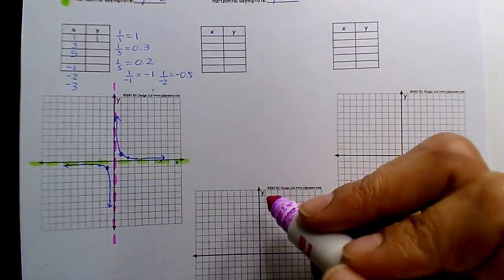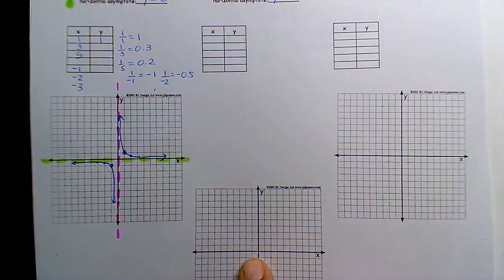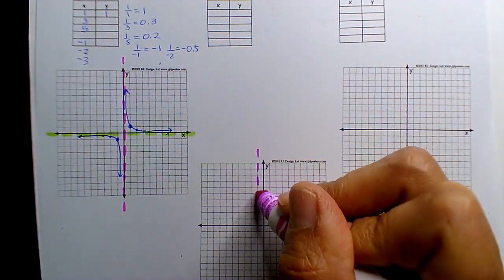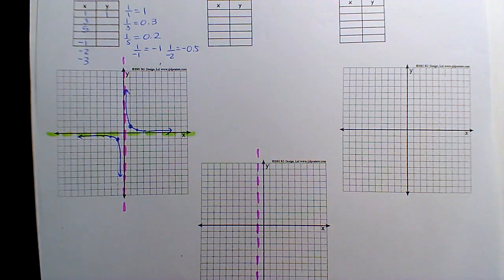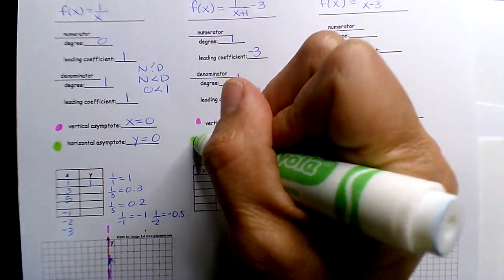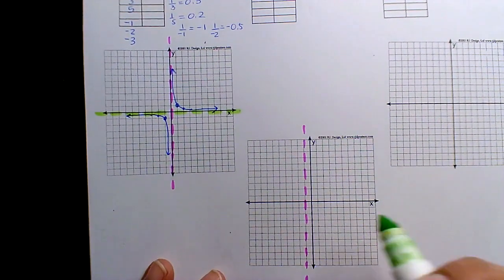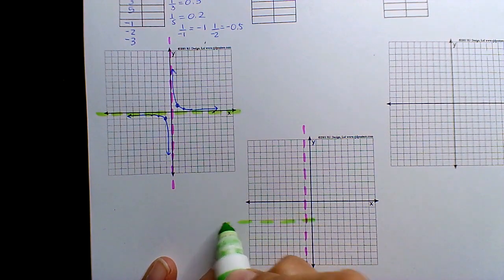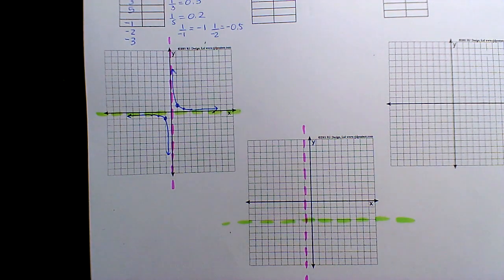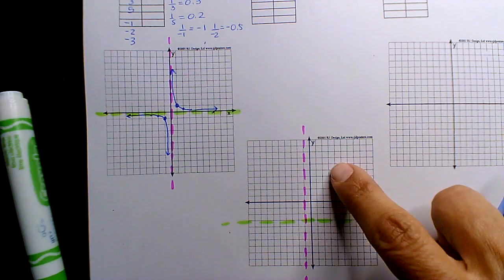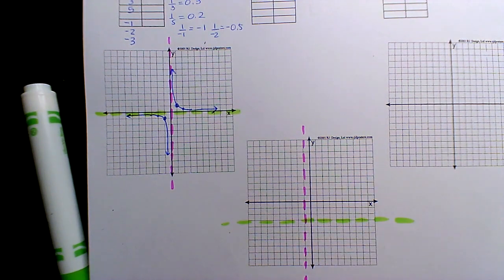Vertical asymptote is negative 1. Are you okay going by ones, or do you want to go by halves? Ones. Okay. So vertical asymptote, negative 1, horizontal asymptote at negative 3. And now you just pick points in quadrant 1 and quadrant 3.